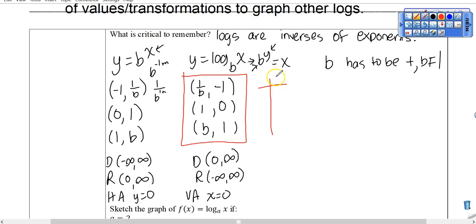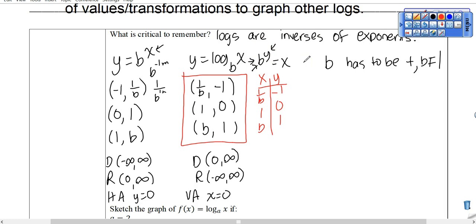I'm okay with either one, but I am going to challenge you to choose to do the transformations with these sets of points because it'll be a lot faster. So in this case, we would pick negative 1, 0, and 1, and we would get 1 over the base, 1, 0, and base 1 if we were doing it in exponential form.